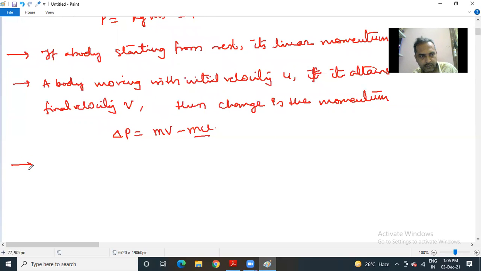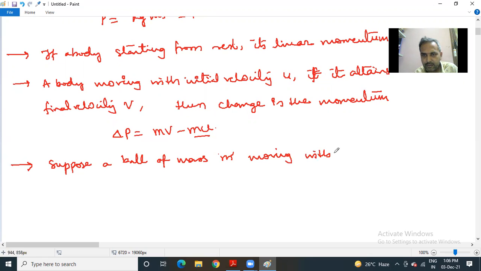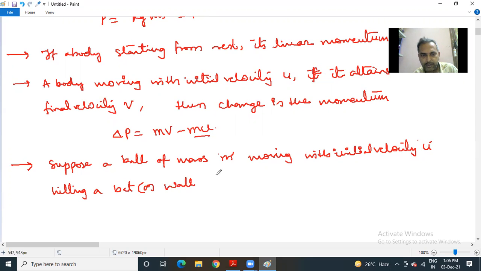Next, suppose a ball of mass m moving with initial velocity u, hitting a bat or a wall normal to it.